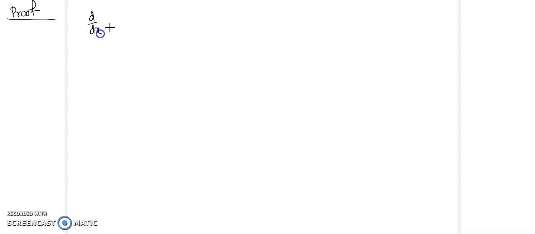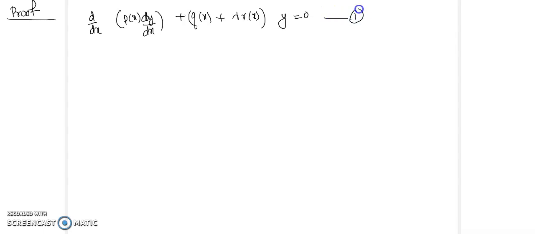We have the differential equation d by dx of p of x dy by dx plus q of x plus lambda r of x times y equal to 0, and we will call it equation 1.